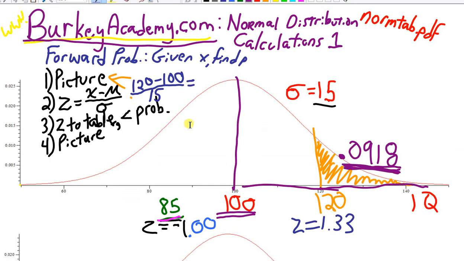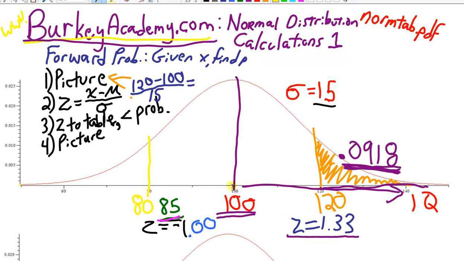Sometimes a shortcut that you can use, but only do this if you're comfortable with this idea, is to say that, well, if I'm looking for the probability of being greater than 120, or greater than a z-score of 1.33, then the mirror image picture of this would be if we went over on the left-hand side to 80.